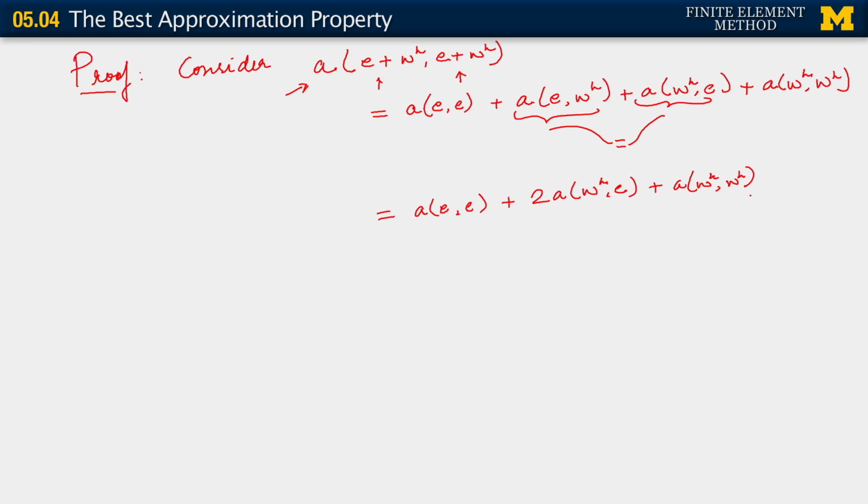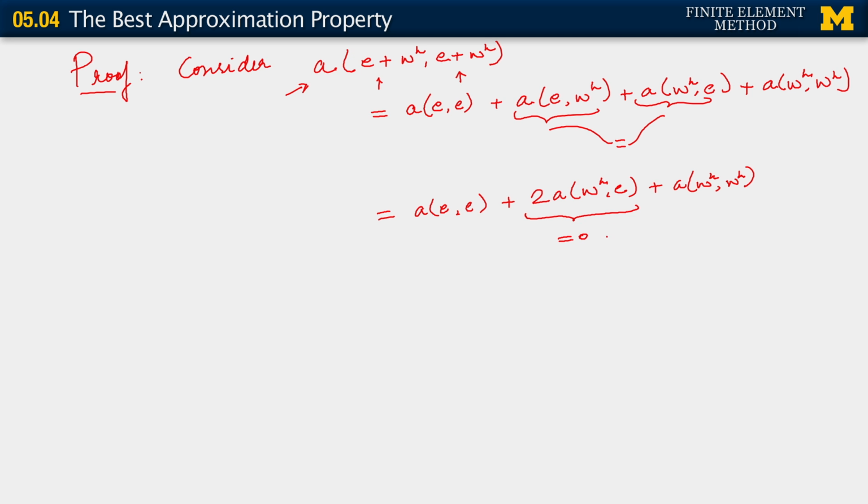All right? Stare at this now and try to recall whether we can say something special about this term. Indeed we can. In the previous segment, we demonstrated that this term is equal to 0.